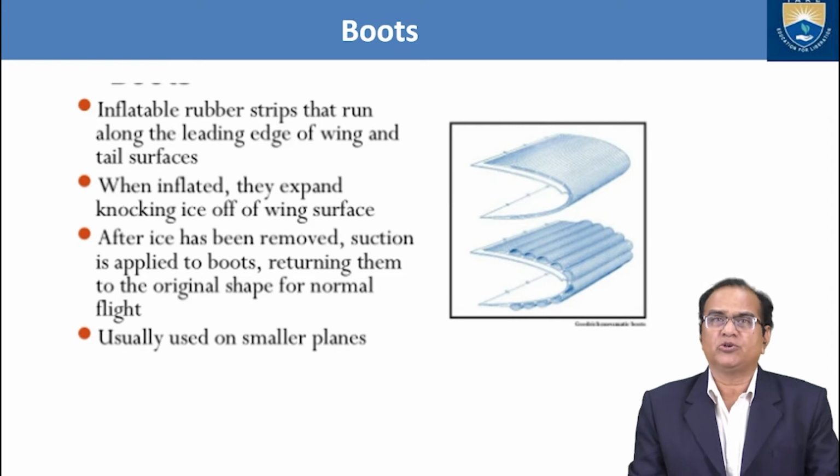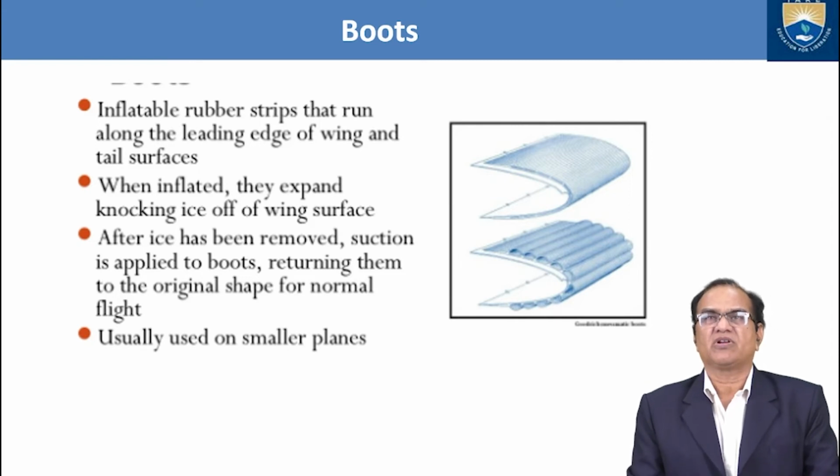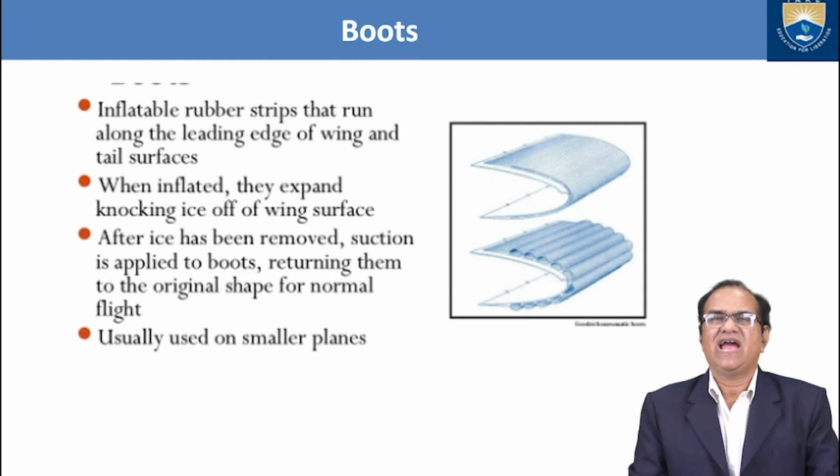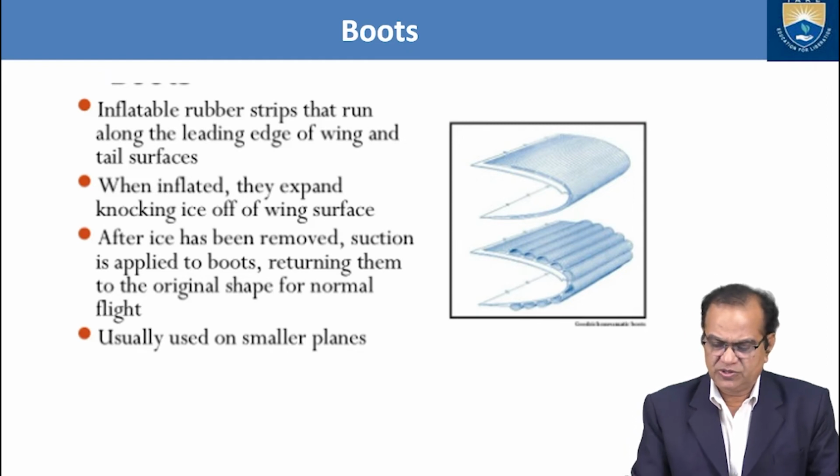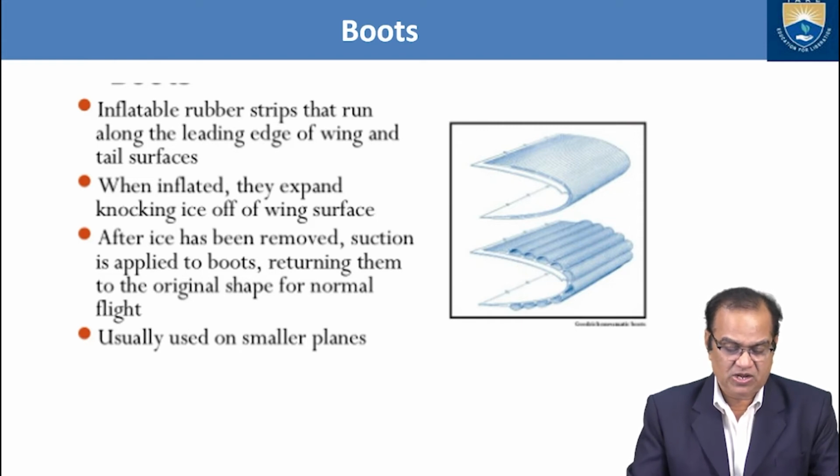Now there are boots, inflatable rubber strips that run along the leading edge of the wing and tail surfaces. So the whole leading edge has a boot. When inflated, they expand, knocking ice off the wing surface.